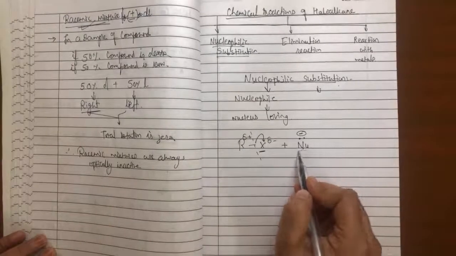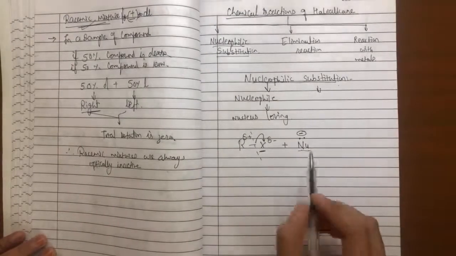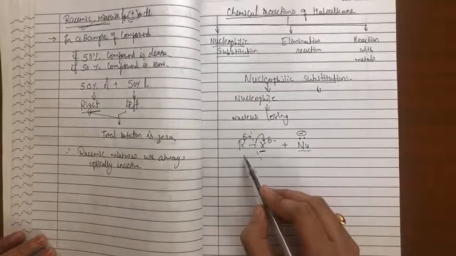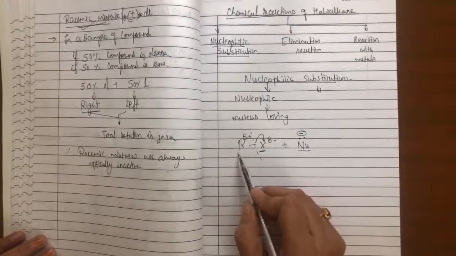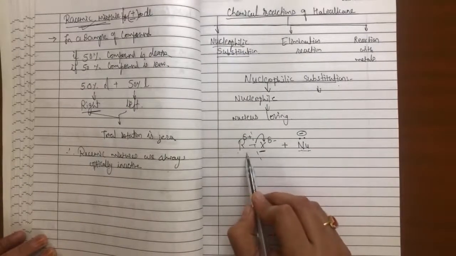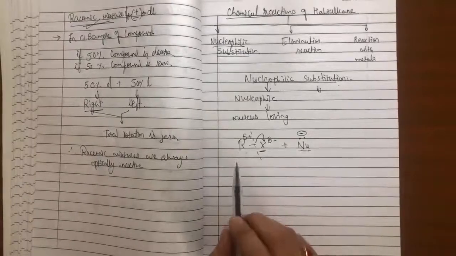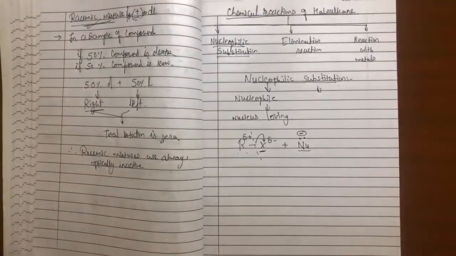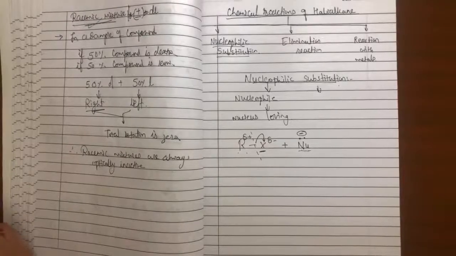In the reaction mixture, I have a nucleophile which has attraction towards the nucleus. So as soon as there is formation of R positive in the reaction mixture, the nucleophile immediately attacks R plus. And as I keep telling you, there is always transfer of electrons, never transfer of a nucleus is possible.